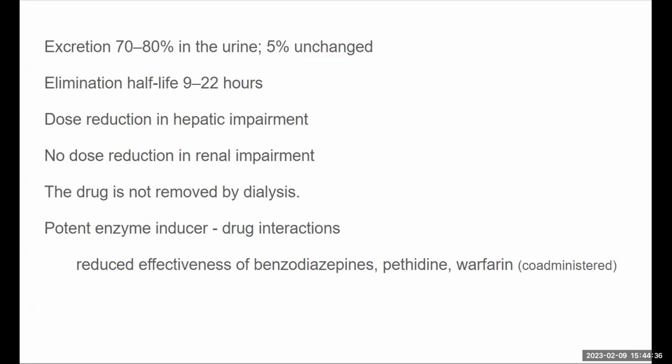Analgesic wise, the dose is going to be different. If renal impairment is there, it's not removed by dialysis, so dose reduction would not be required. It's only required for the hepatic impaired.